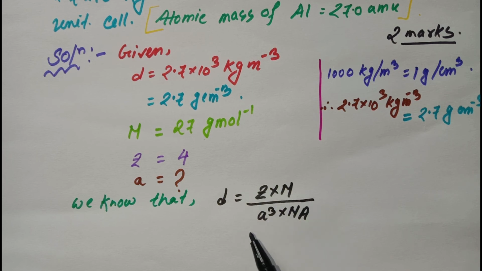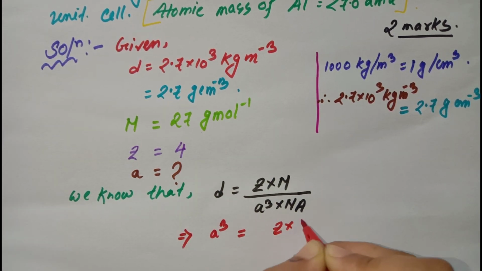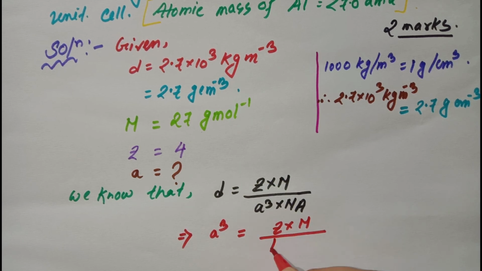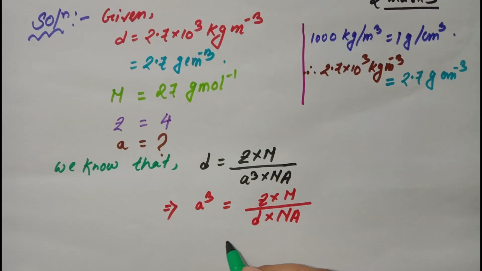Now apply the density formula and we can calculate the value of a. That implies a³ is equal to Z × M per D × N_A.